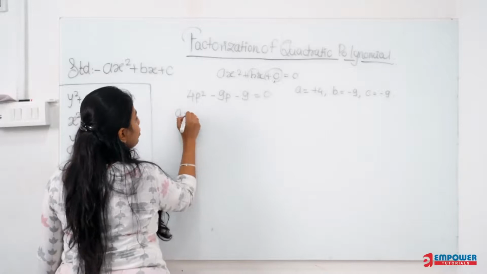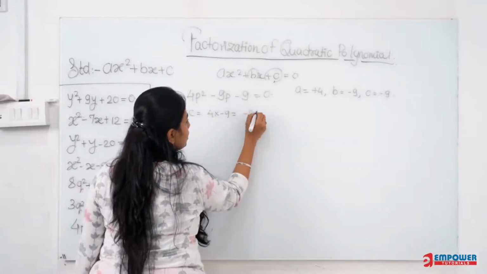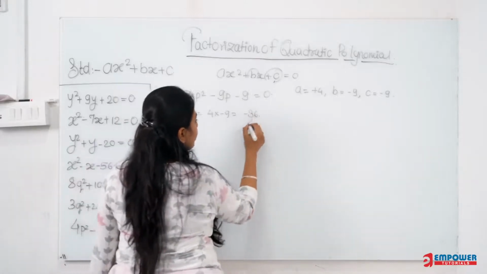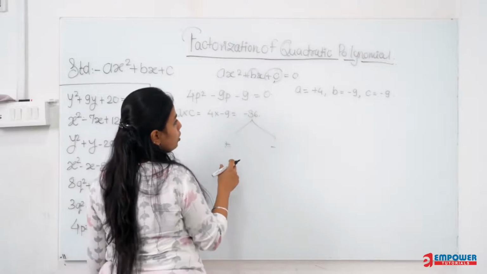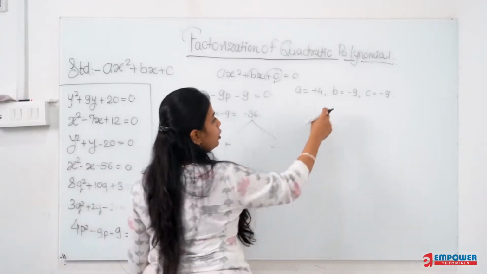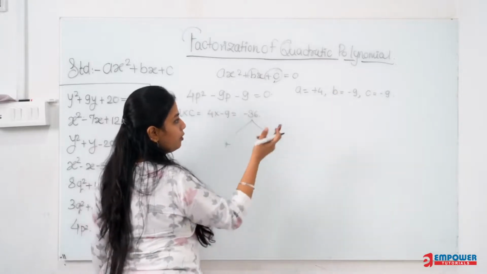So a into c will be equal to 4 into minus 9, that is equal to minus 36. The factors will be one positive number and one negative number. Now what will be the sign of the greater number? Since you have a negative coefficient, the sign of the greater number will be negative.